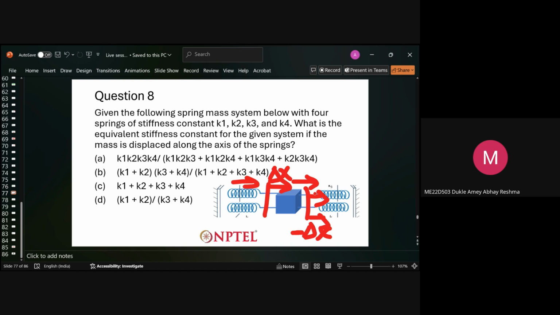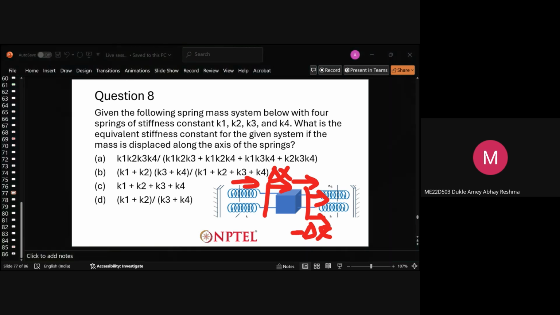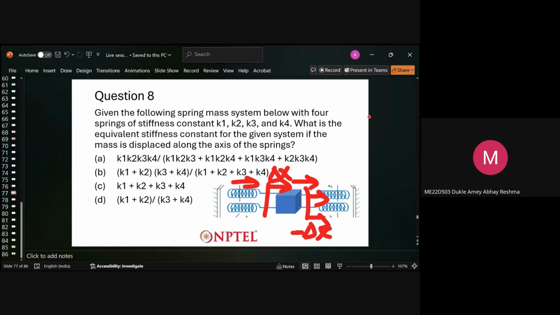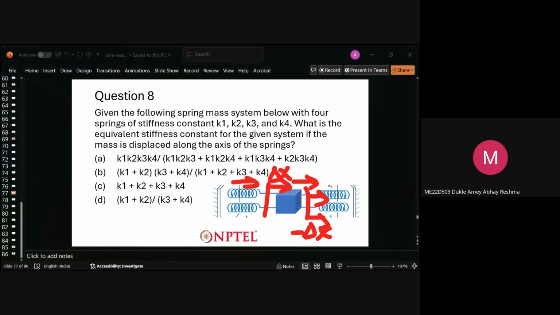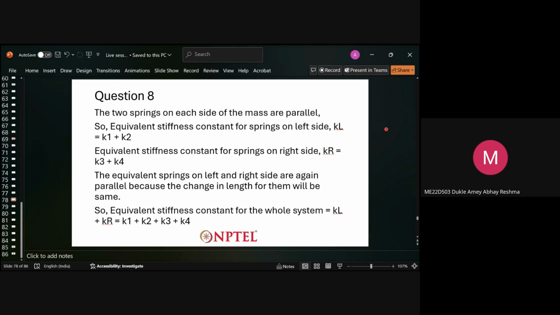So what will be the stiffness constant? What is the configuration you will use, whether it is series or parallel? The deflection is the same. So is it a series configuration or a parallel configuration? It's a parallel configuration. Since all the springs are in parallel, the equivalent stiffness is K1 plus K2 plus K3 plus K4.